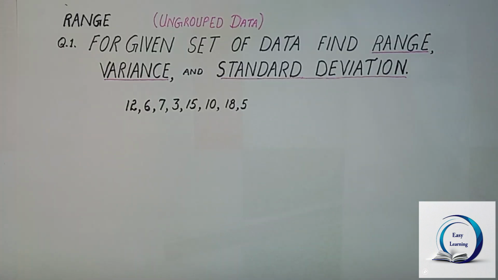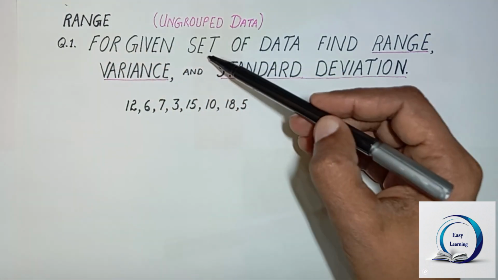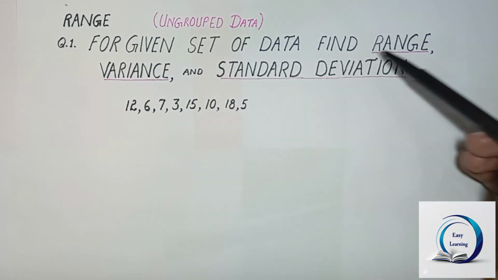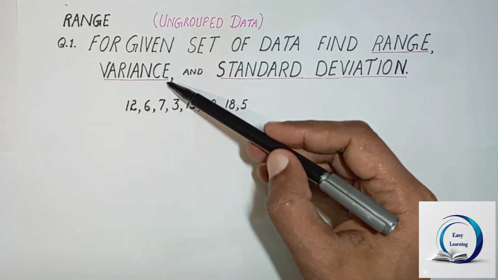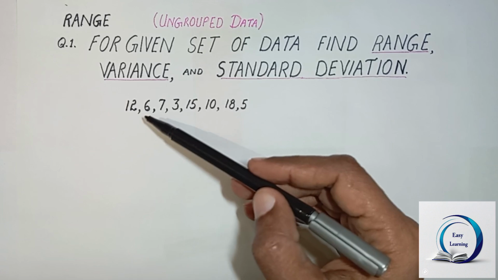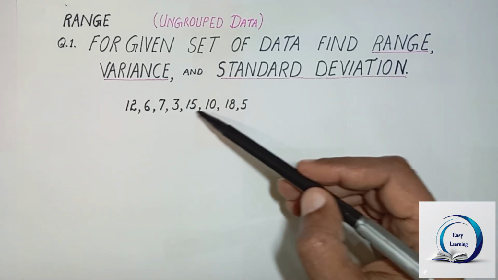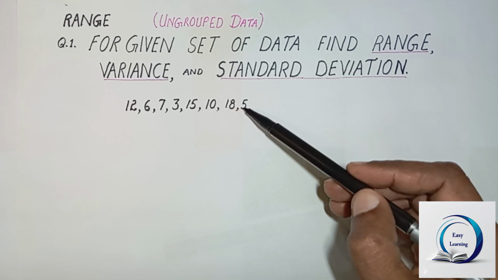To find the range of an ungrouped set of data, we have a practical example here. The problem is, for a given set of data, find range, variance, and standard deviation. The data given is 12, 6, 7, 3, 15, 10, 18, and 5.